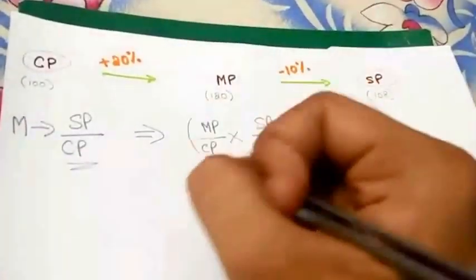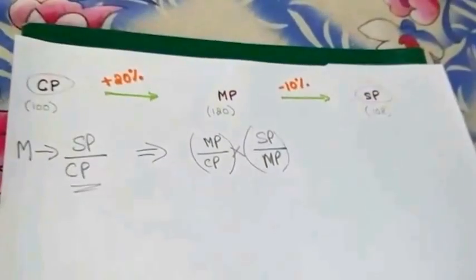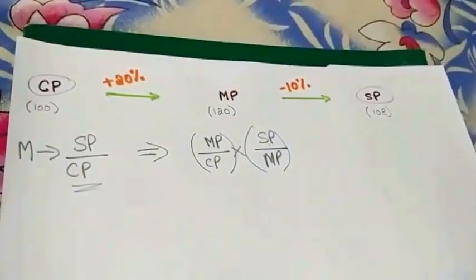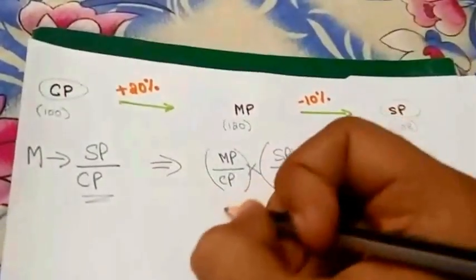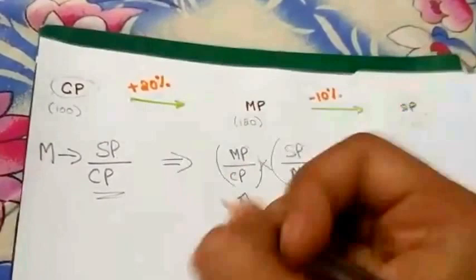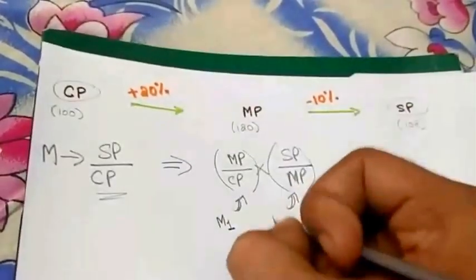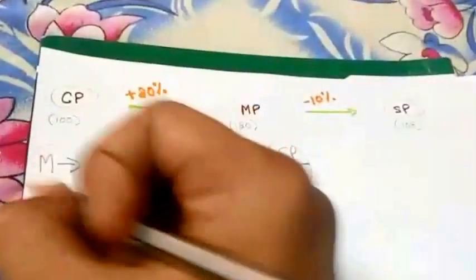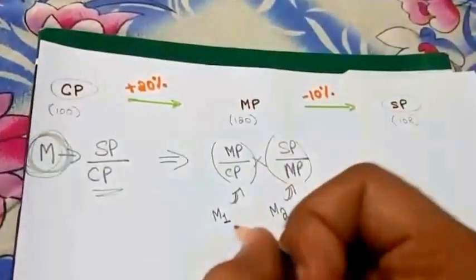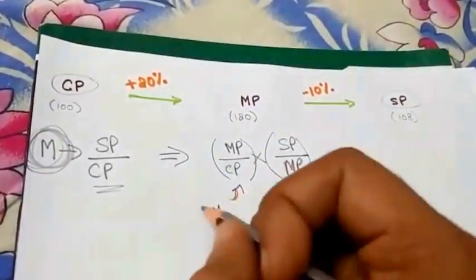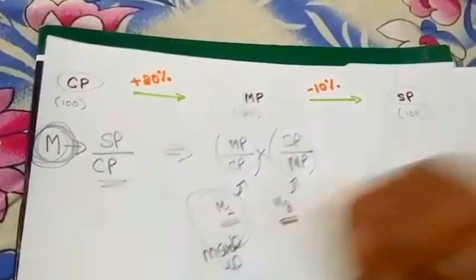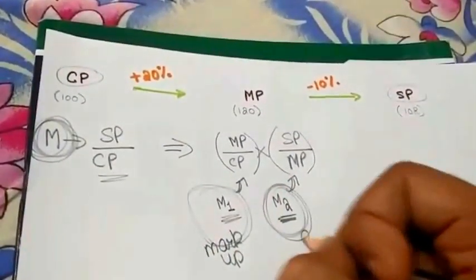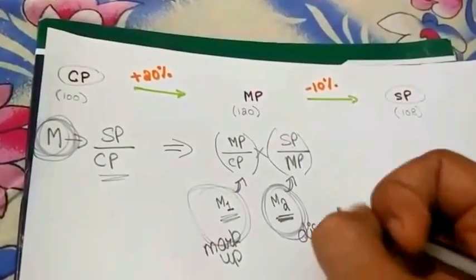If we write it like this, it means we are changing this initial single multiplier into two multipliers. I would say this is M1 and this is M2. So our final multiplier is the product of two multipliers. The first multiplier was because of the markup, and the second one was because of the discount.